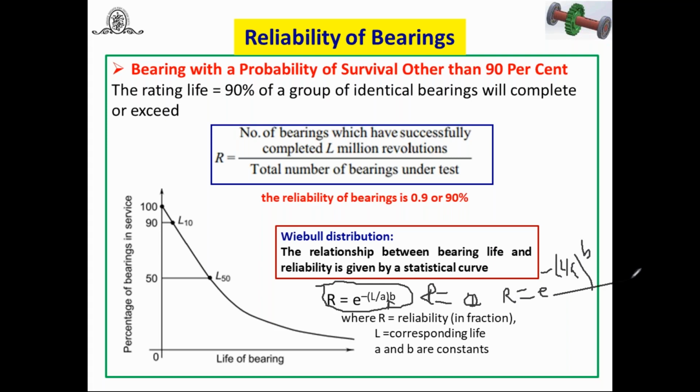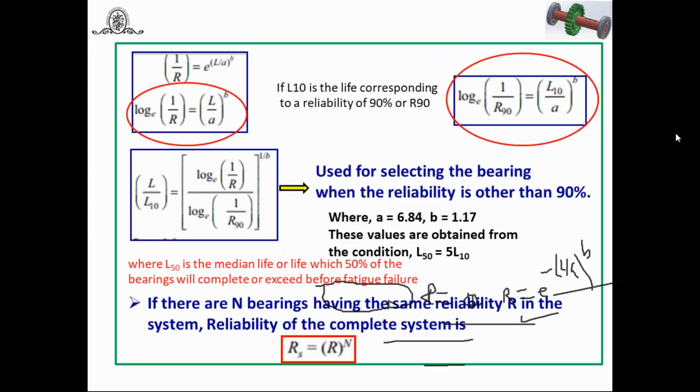Here R is the reliability as a fraction, L corresponds to life, and A and B are constants. We will see what the values of these constants are. Then this equation you can rewrite: Weibull equation, rewriting, 1 by R is equal to e raised to (L by A) raised to B.